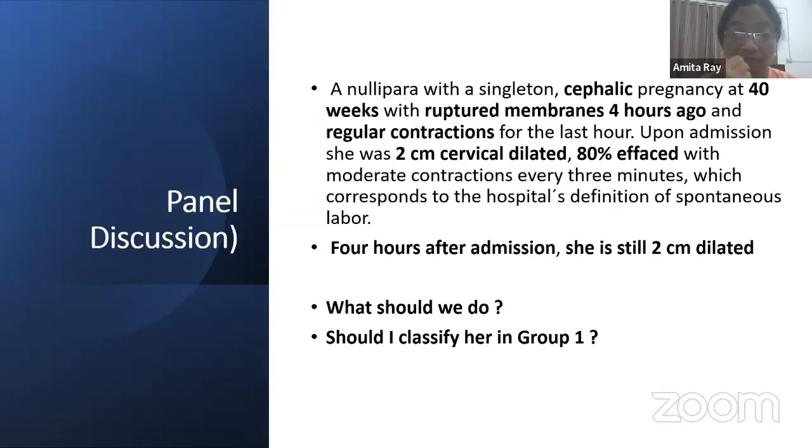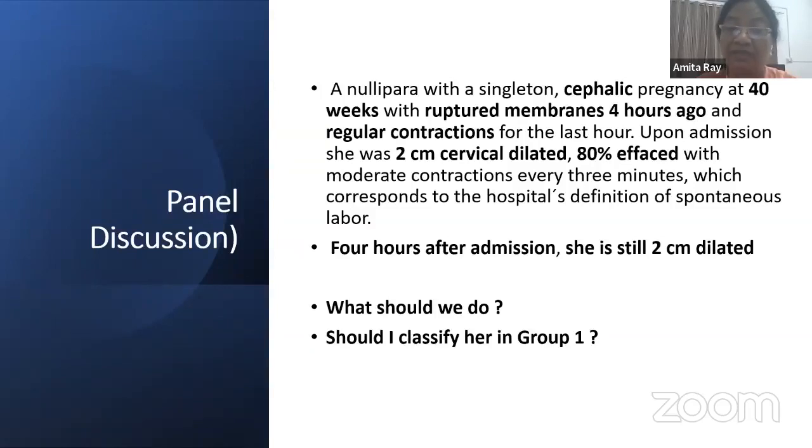Okay. Thank you for the question. Let me first speak about the group. You are saying it is a nullipara, singleton, cephalic, more than 37 weeks and in spontaneous labor. She belongs to Robson's group 1, right? Now, what to do is again there in your labor guide.